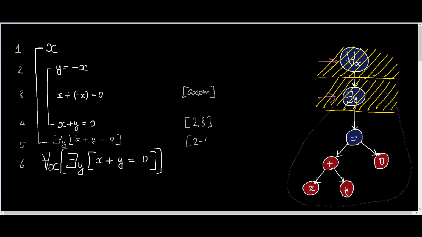So we can write it like this, 2 to 4. And for line 6, this of course follows from lines 1 to 5. And now we have a proof.